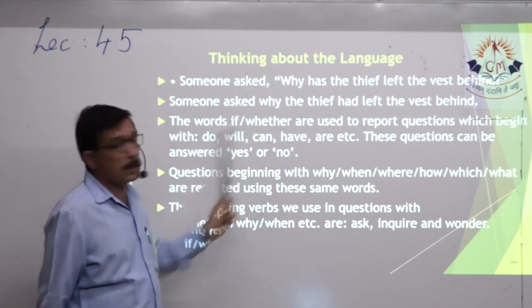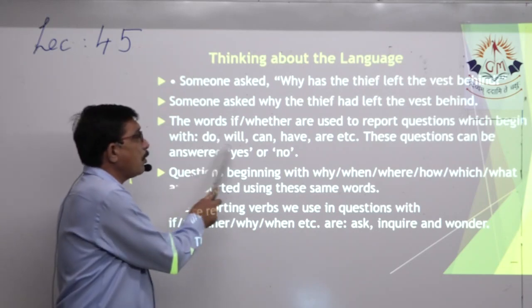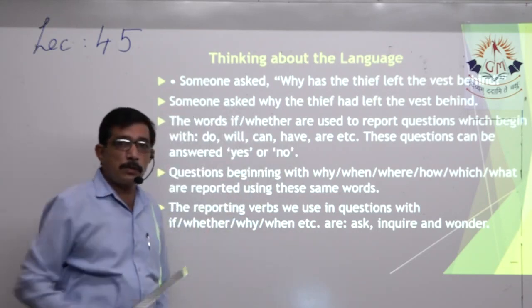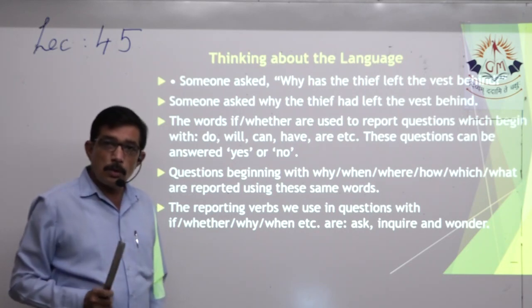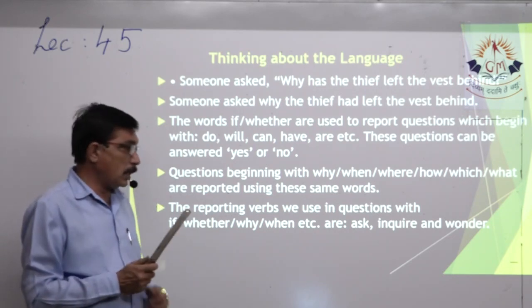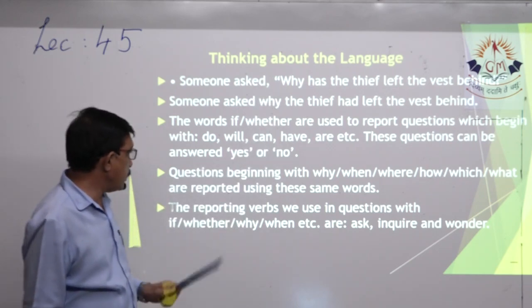If it is WH, then there is a whole sentence with it. But if it is any of these, do forms, will, can, or any of the reporting verbs, then it's a yes no question. So we use if or whether. If it has WH, then we use that same WH word.